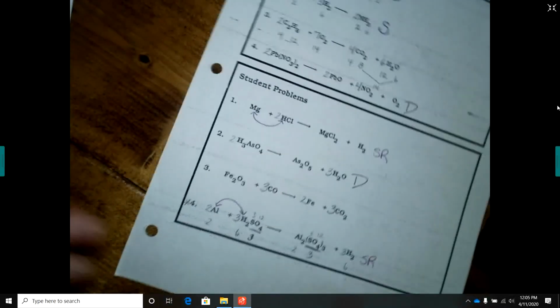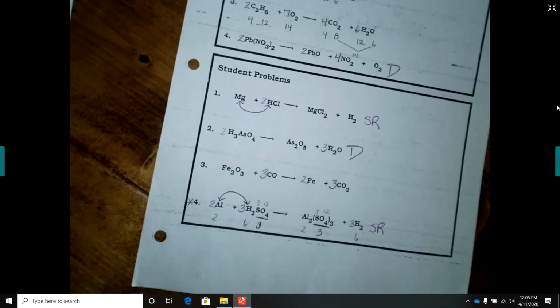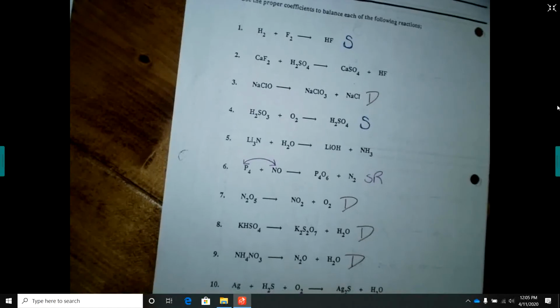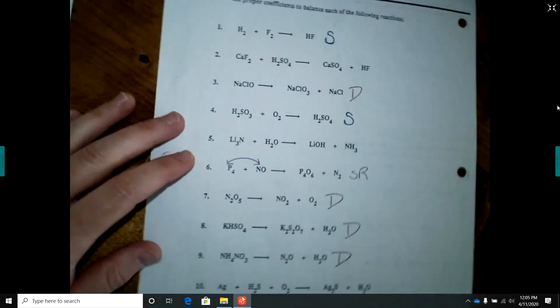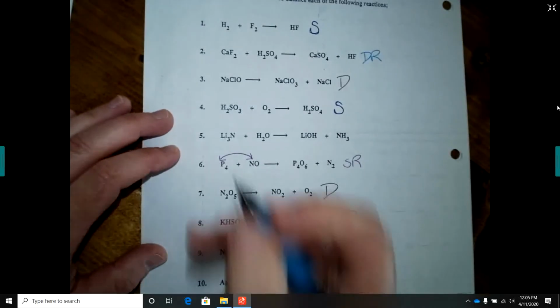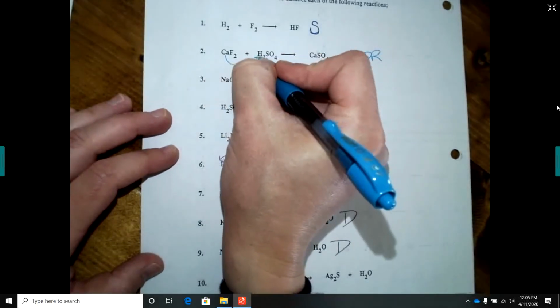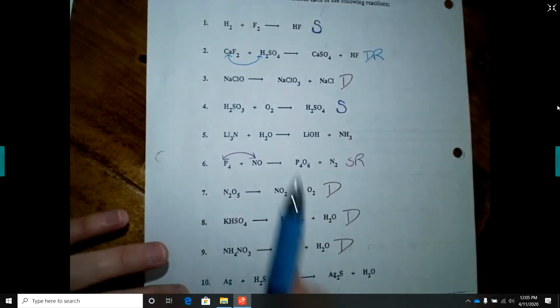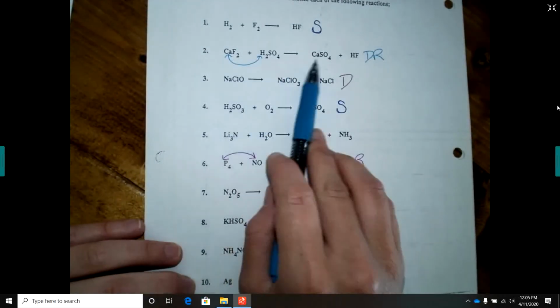All right, so let's look back at our sheet. We are looking for double replacement reactions, and I don't see any on the front of our sheet. So let's look at the back. Number 2 is a double replacement reaction. The way I know that is calcium and hydrogen switch places. So now calcium is with sulfate.